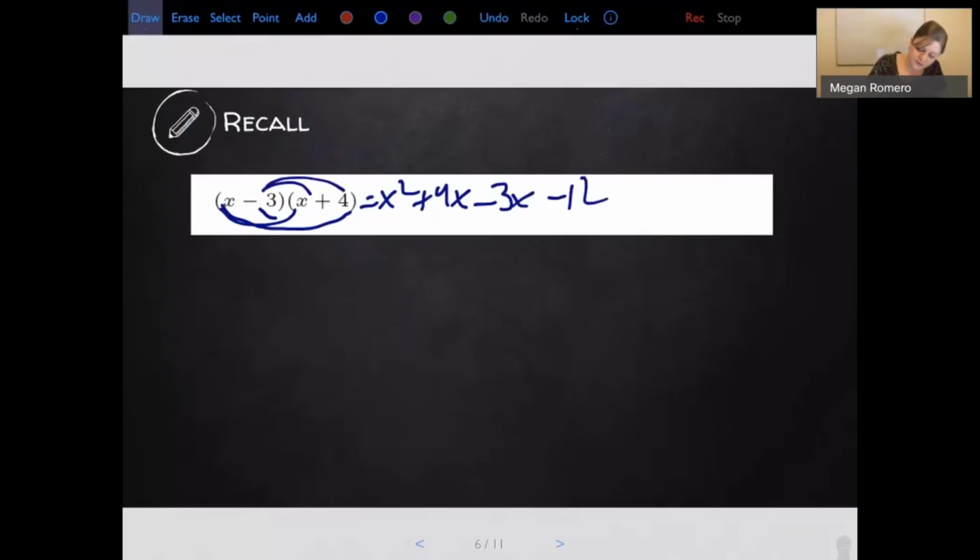So if we were to simplify this, we have x squared plus x minus 12. And notice what's happening here. The negative 3 and the positive 4 add together to give 1x, or to give 1, which is the coefficient of x. And negative 3 and positive 4 also multiply to give negative 12. So keep this in mind as we begin factoring.